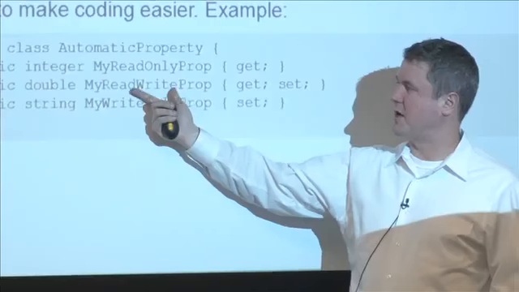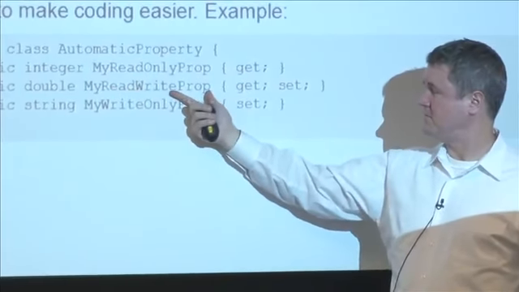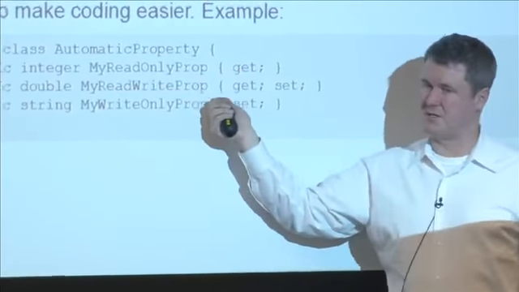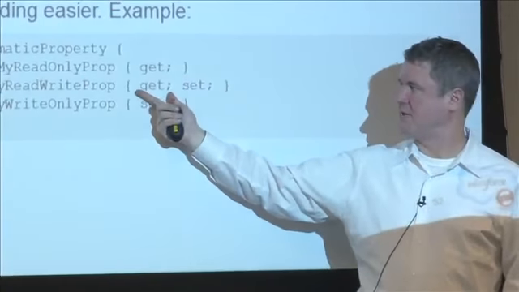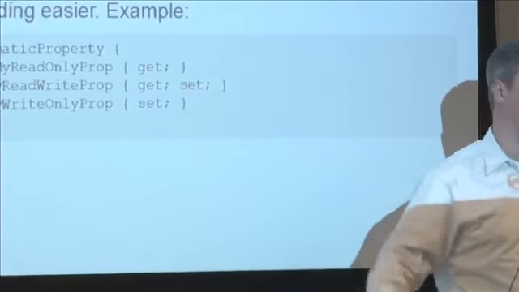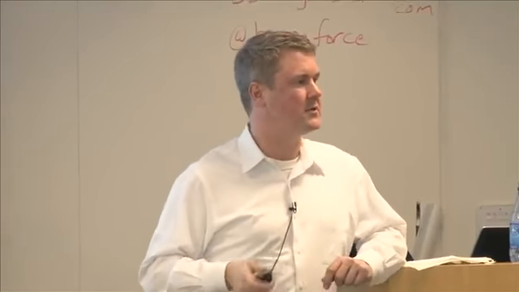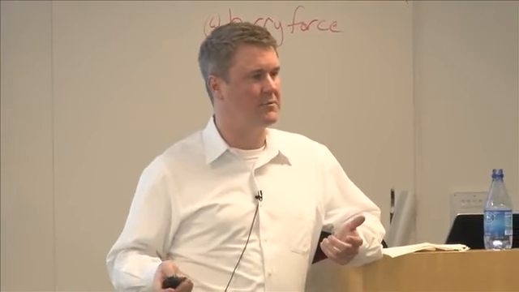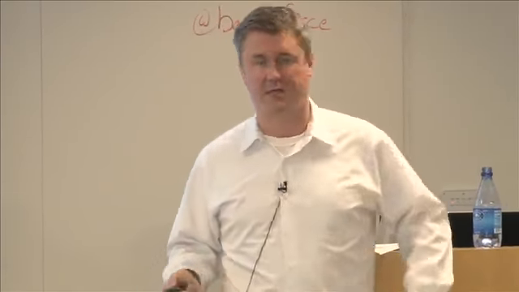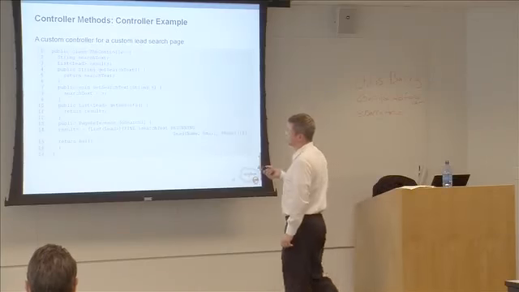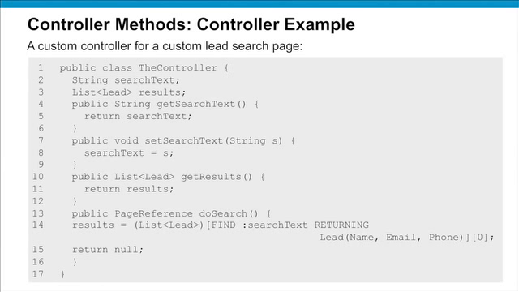Here's the name of the property, myReadWriteProp. And then you'll notice there's this body, and here I have get semicolon and set semicolon. So line 3 represents the same logic that we implemented over 7 lines back here, where we declared a variable with a data type, had a getter which simply returned the data, and had a setter which set whatever was passed to it.